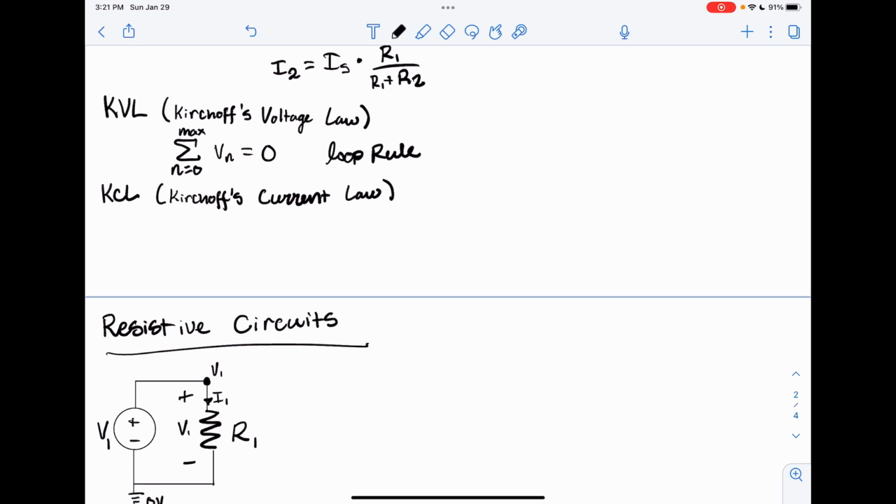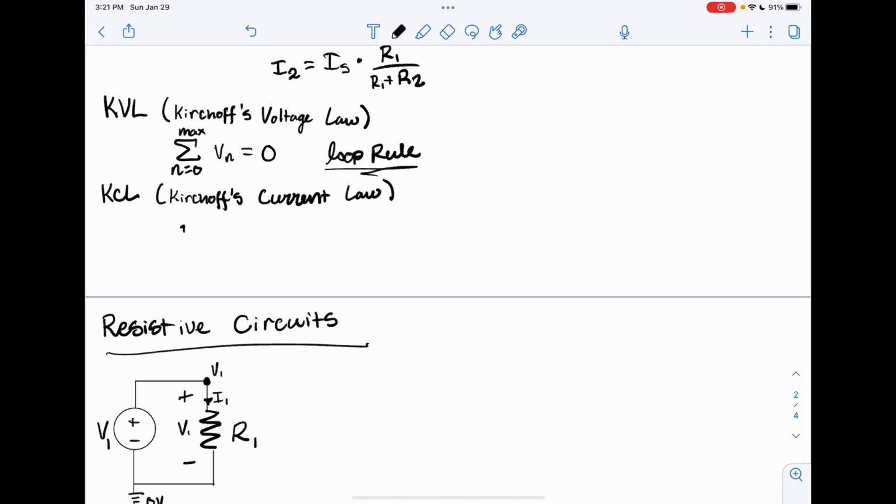If you want to know a little bit more about where this comes from, take a look at Khan Academy. They have some pretty decent resources explaining the loop rule, as well as the node rule, which is also known as KCL, or Kirchhoff's current law. This states the sum of all currents entering a node must be equal to all of the currents leaving a node, or likewise, all of the currents entering and leaving a node must sum to 0. So we'll write that out with another summation symbol.